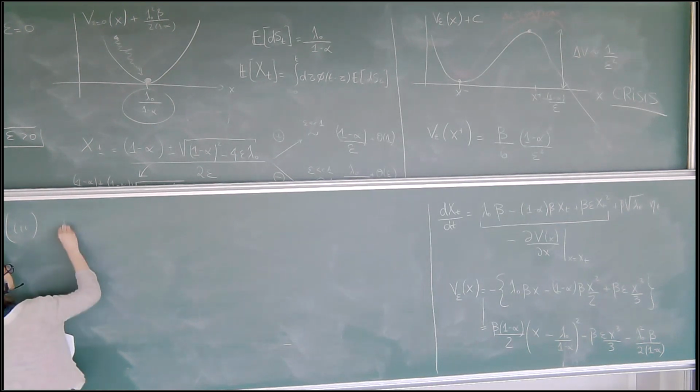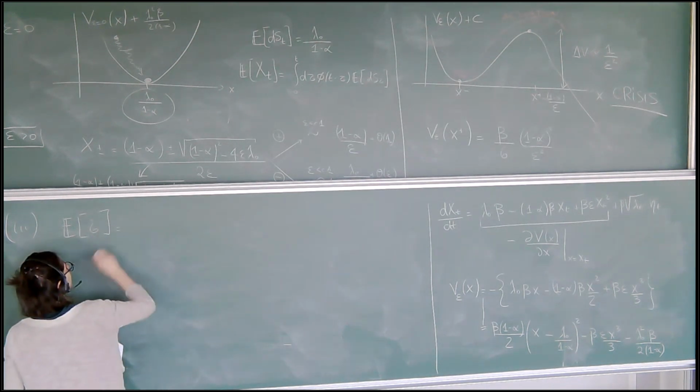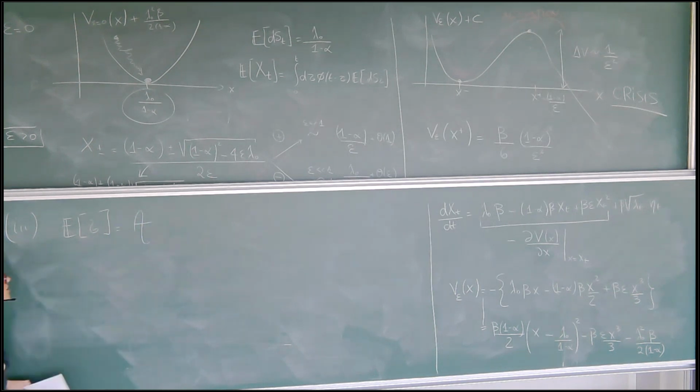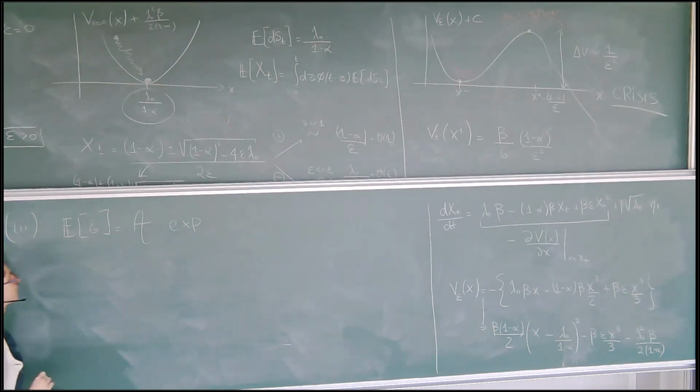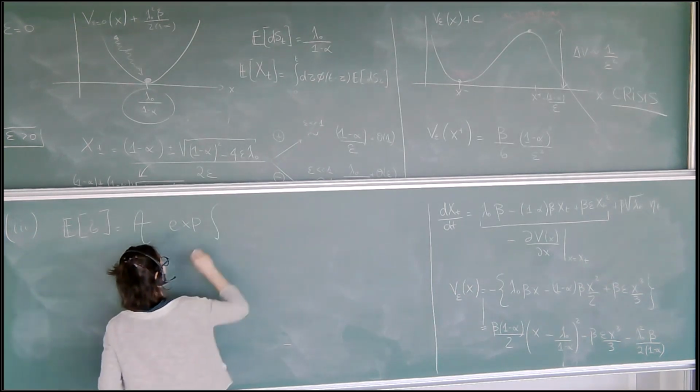Okay, so if you look at there, what you see is that you can write down the average time for these activated jumps, which will be given by a prefactor that I just call a. I am not going to rewrite it, so that is the square root that you see in the text. And then you have the exponential, that is what we want to compute, of what?